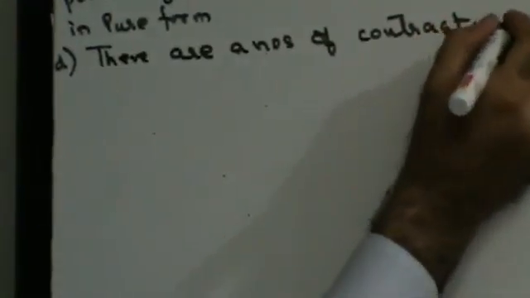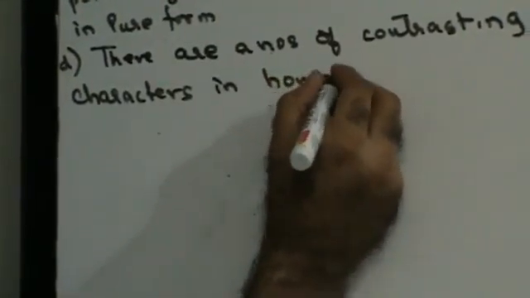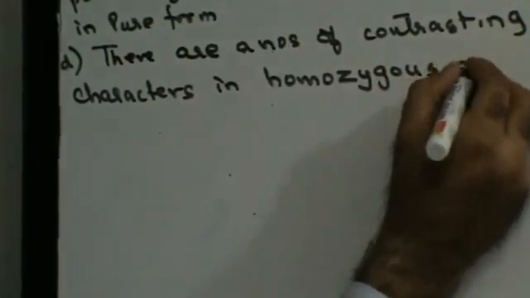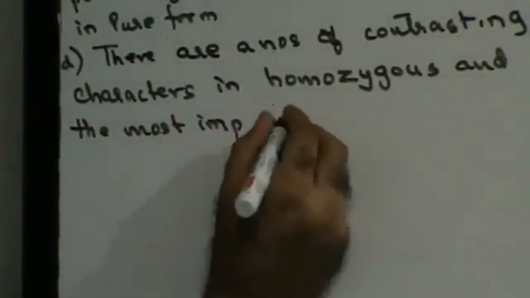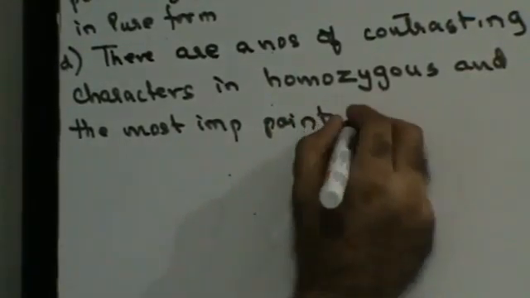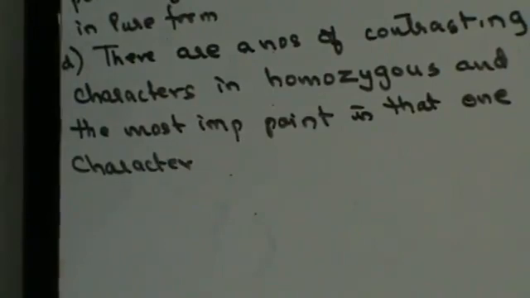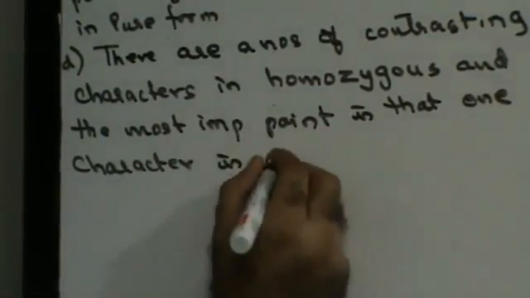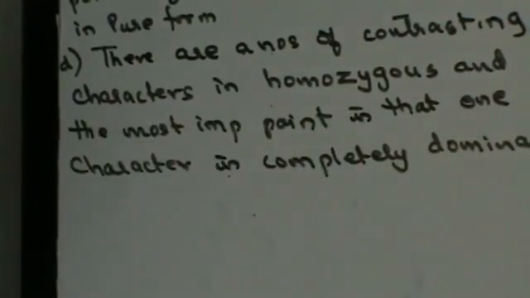So I can say that there are a number of contrasting characters in homozygous, and the most important point is that one character is completely dominant over the other.